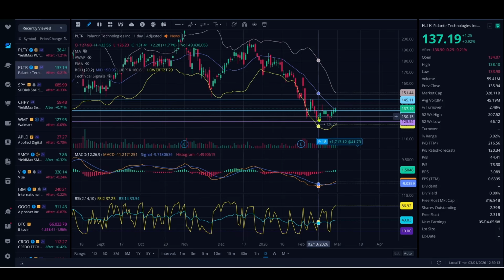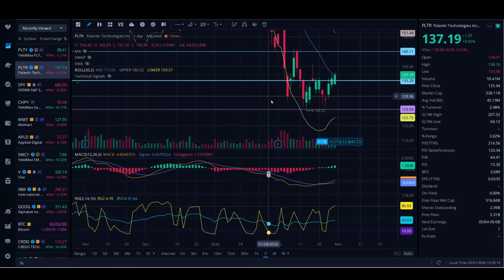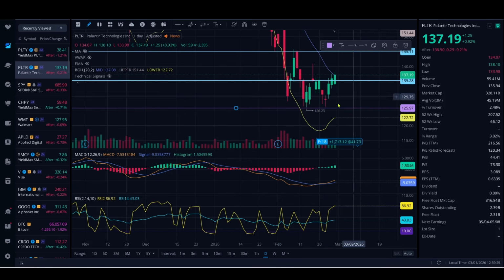So as you can see, I've got some lines drawn in here, and this purple line right here is sitting pretty close to that bottom right there, and we can bump it up just a hair right there. So it looks like it's coming down and it's touching roughly this 126.23 right here.